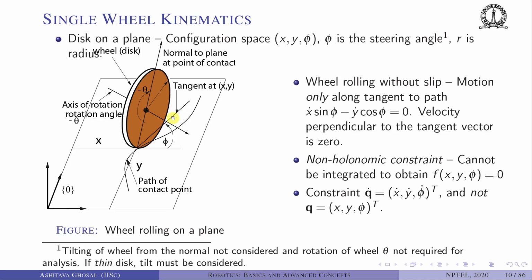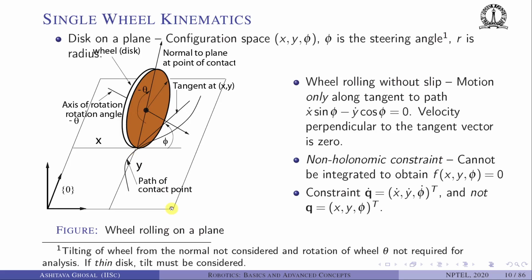So the configuration space of this wheel consists of the following parameters. One is this contact point, which is x and y, and the other is the steering of the wheel, or the direction in which the wheel is instantaneously moving along this tangent. That is an angle phi. So x, y, phi, where phi is the steering angle, are enough to describe the motion of this wheel.